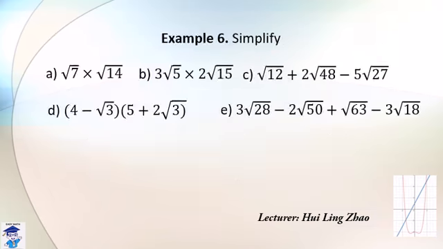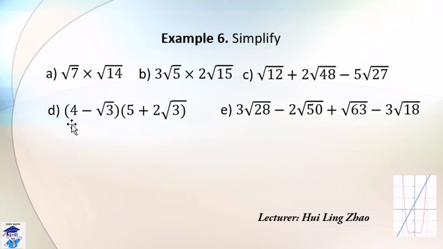Example 6. There are 4 questions. Number A, the square root of 7 times the square root of 14. Number B, 3 times the square root of 5 times 2 times the square root of 15. Number C, the square root of 12 plus 2 times the square root of 48 minus 5 times the square root of 27.